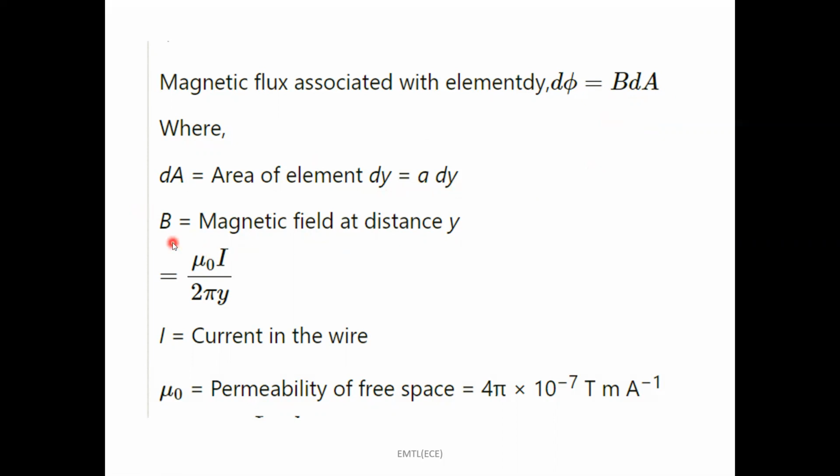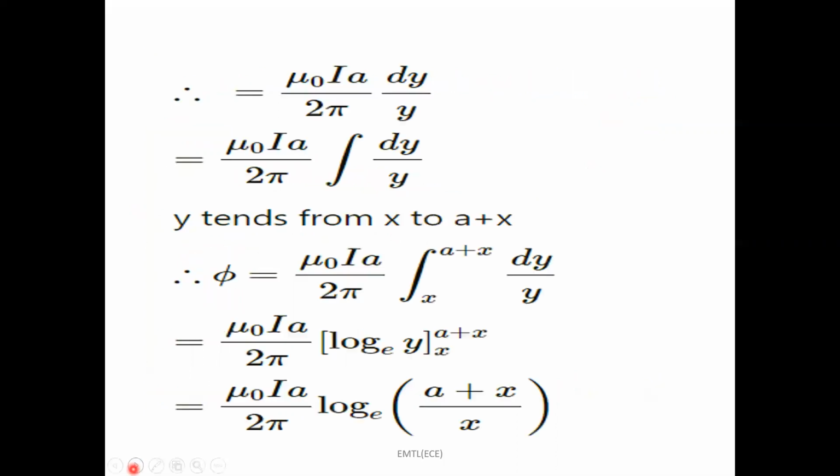And the magnetic field, according to Biot-Savart's law, at a distance y is expressed as mu naught I by 2 pi y. Now, by substituting all these values, that is the B value, mu naught I by 2 pi y, and the area a into dy, we get d phi.